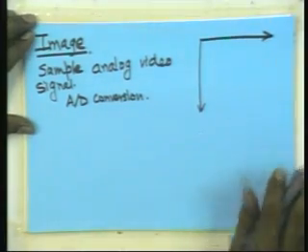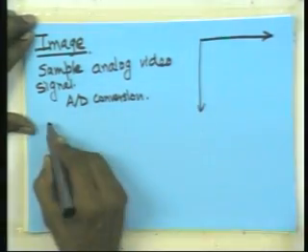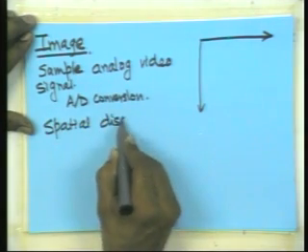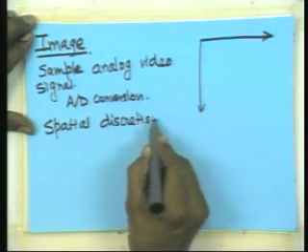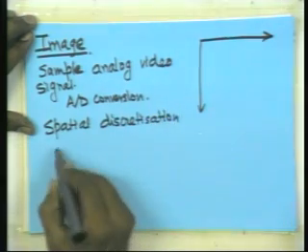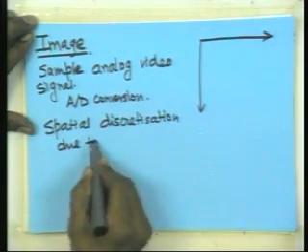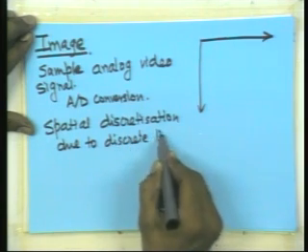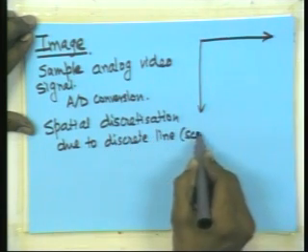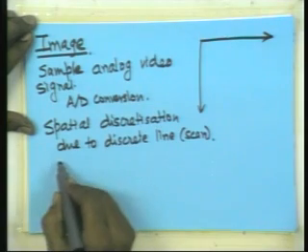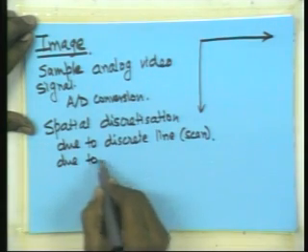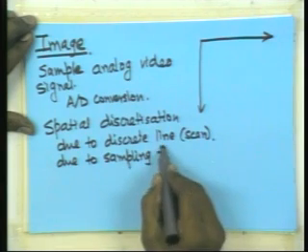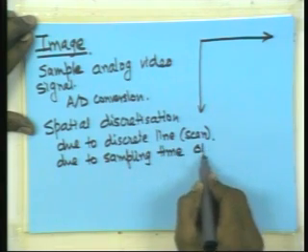Then you have spatial discretization, first of all due to the discrete lines of the scan, and due to the sampling time of the A to D converter.